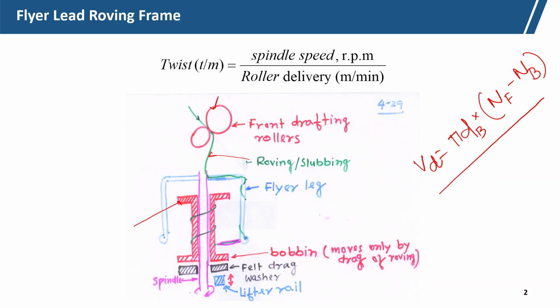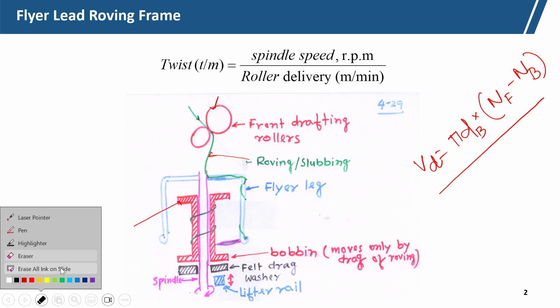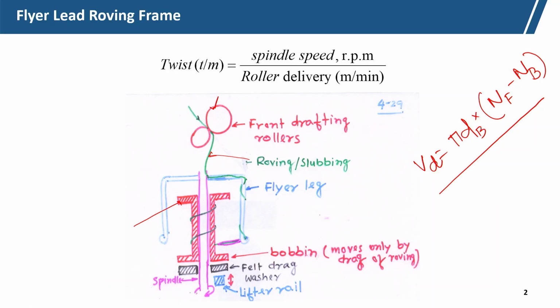The bobbin diameter gradually increases, so to maintain the delivery speed, the bobbin speed has to increase, and this is achieved by the increase in drag.